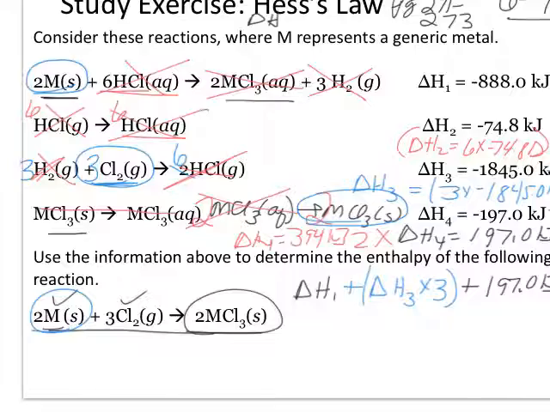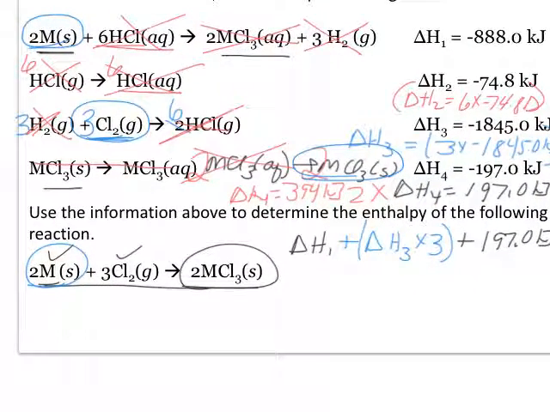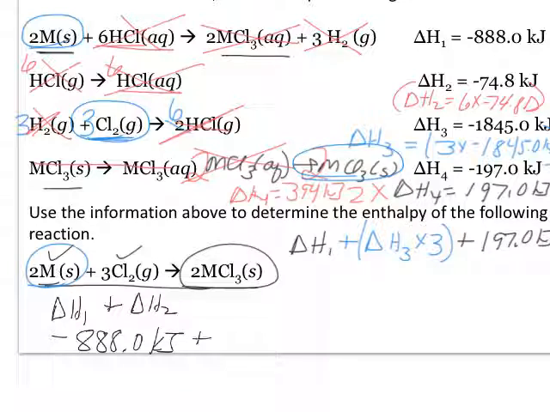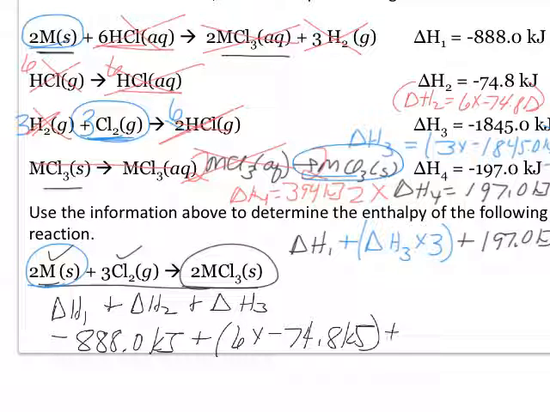So now we have to add up all of these delta H's that have been manipulated. So the first one was left alone. So delta H1 is negative 888.0 kilojoules. And then the delta H2 is plus, multiply 6 through, 6 times negative 74.8 kilojoules. And then we're going to add delta H3. And delta H3, what do we do with that?